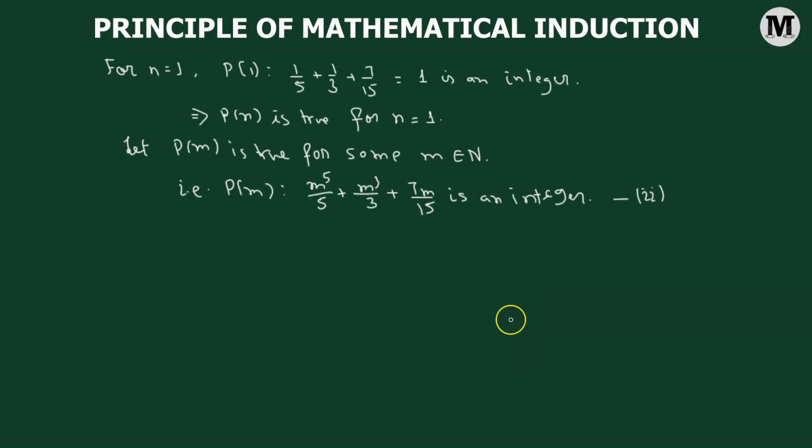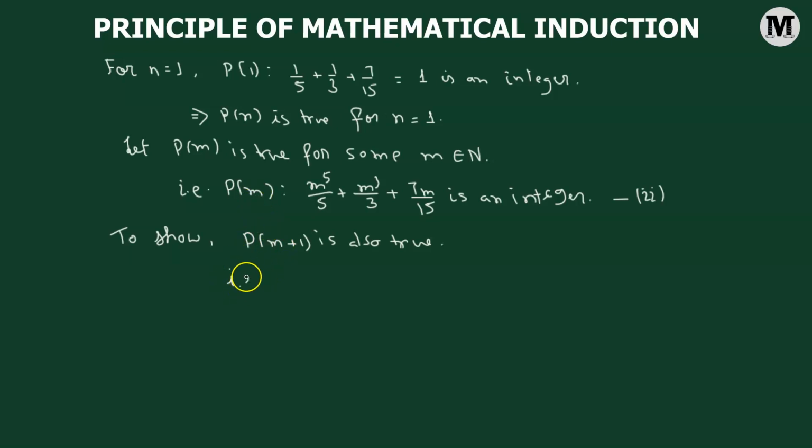Now using statement number 2, we have to show that the statement P(m plus 1) is also true, where m plus 1 is simply the term consecutive to m, the term that comes after m.